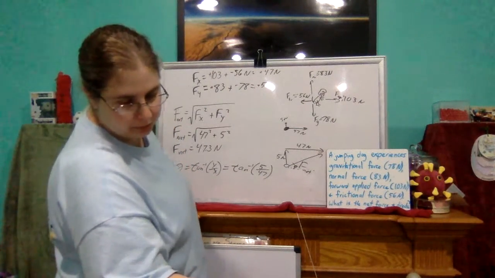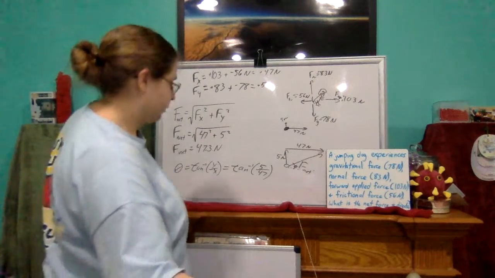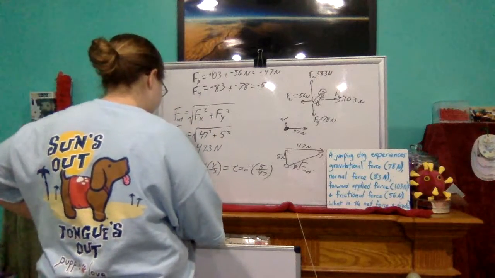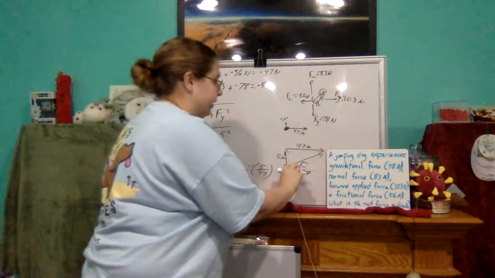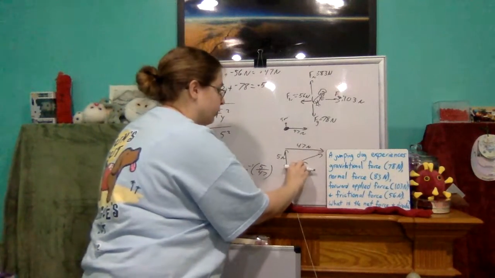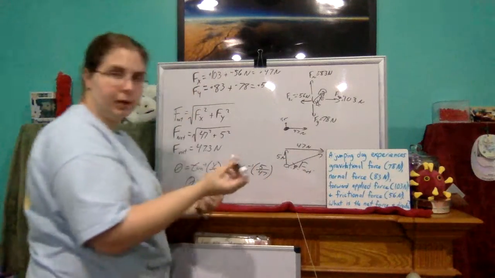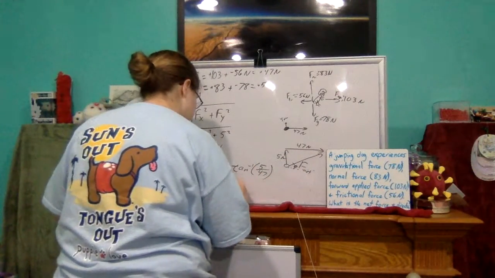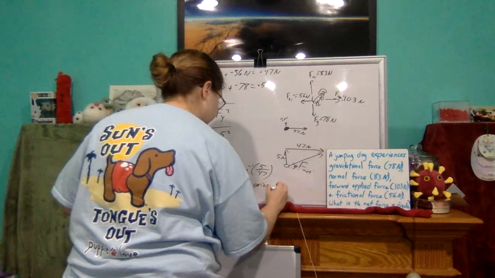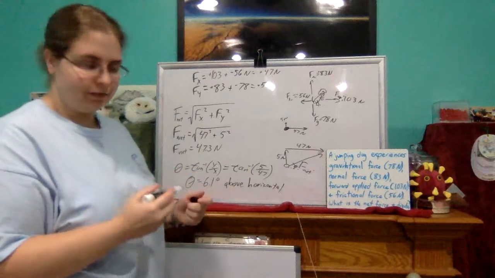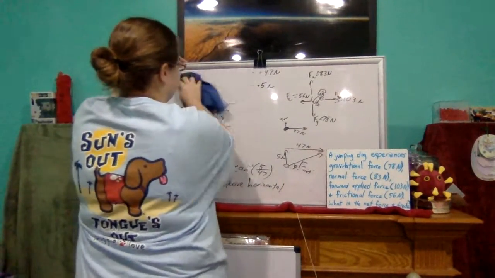I misread before. That's my bad. So this one is where inverse tangent equals 6.1 degrees. And how can we describe it? Well, this is the ground and it's going up from the ground, so it's 6.1 degrees above the horizontal.